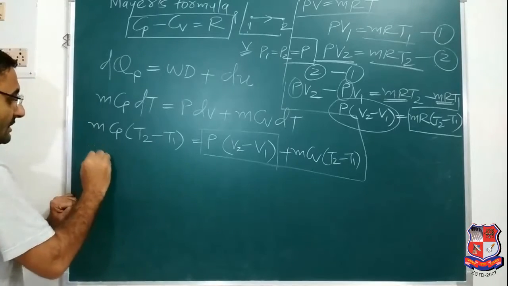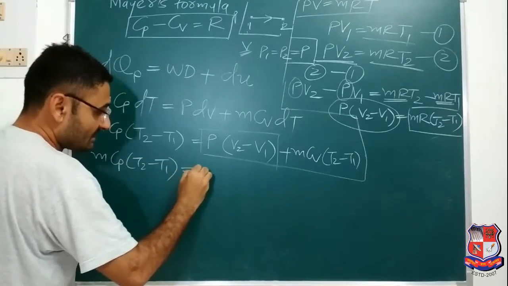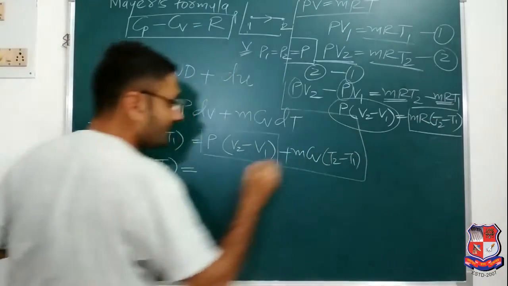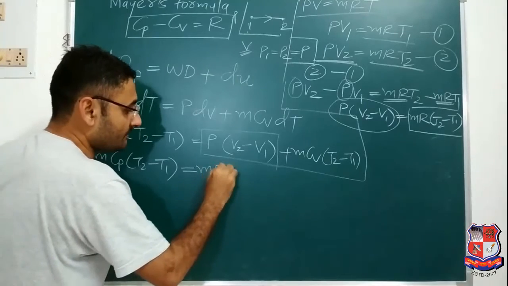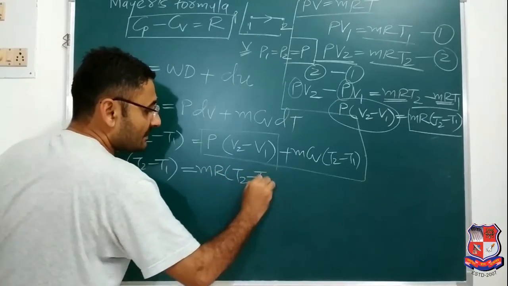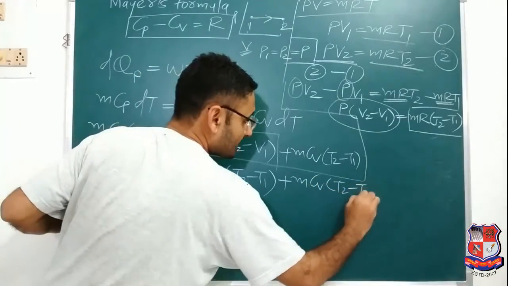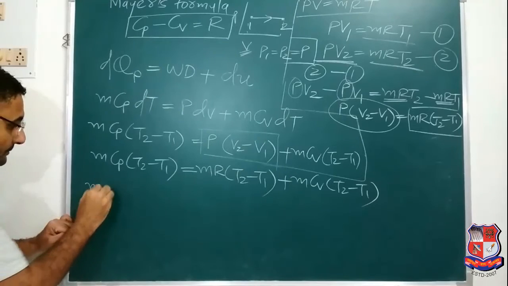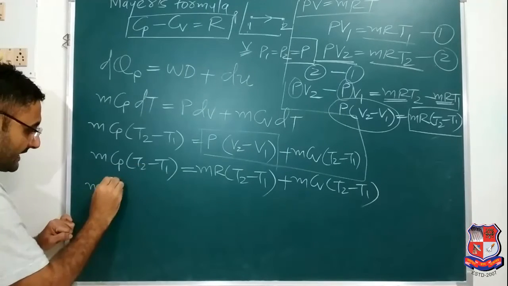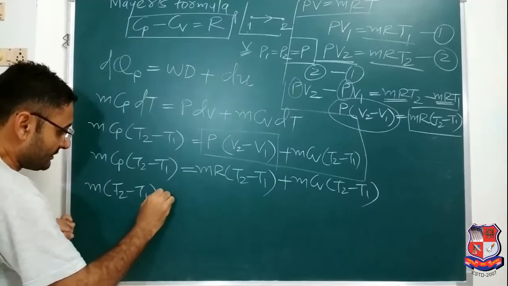So how can we write it? mCp(T2 minus T1) equals P(V2 minus V1), whose value we derived with the help of the ideal gas equation, mR(T2 minus T1), plus mCv(T2 minus T1). After that, can I write it like this, m(T2 minus T1) into Cp?